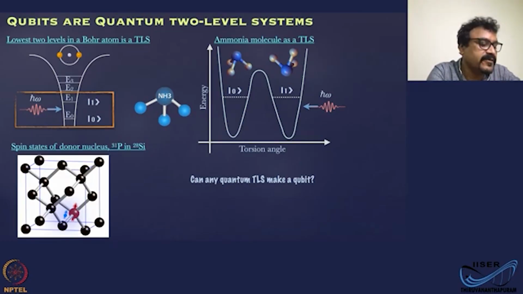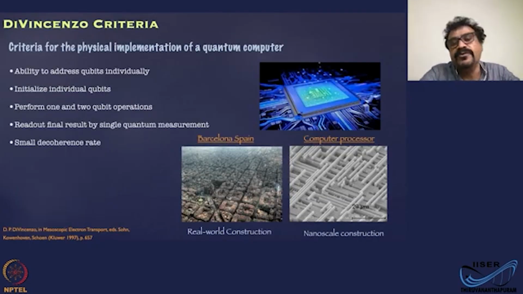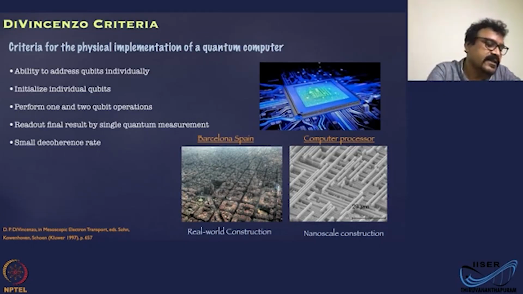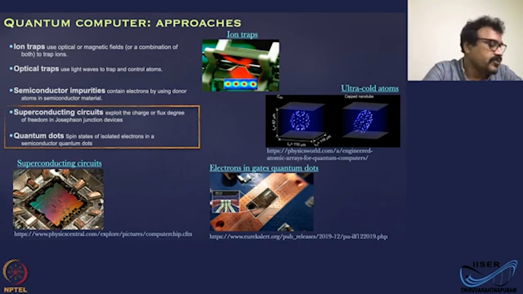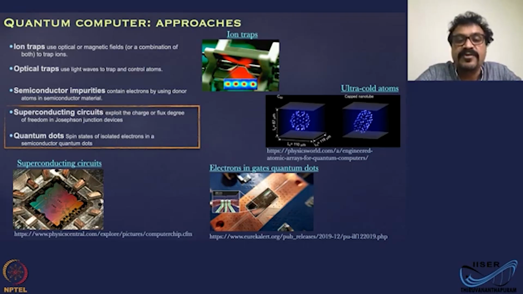Based on that, we have a few candidates, and that is what we will discuss now. By looking at the DiVincenzo criteria, there are a few systems people have started exploring, and now they have zeroed in on two or three.